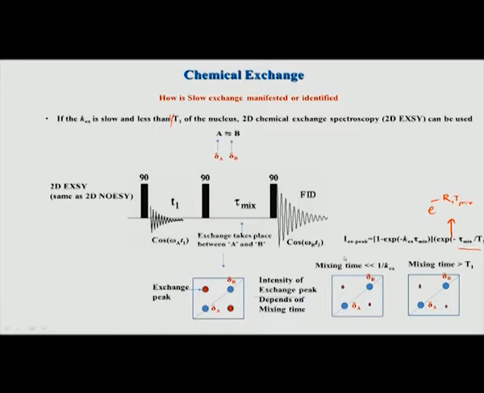So one has to choose the right mixing time, and based on that you should be able to see a cross peak if there is an exchange between two states. This is very important information which helps in finding out whether any two atoms, hydrogens in two states, are exchanging with each other or not.